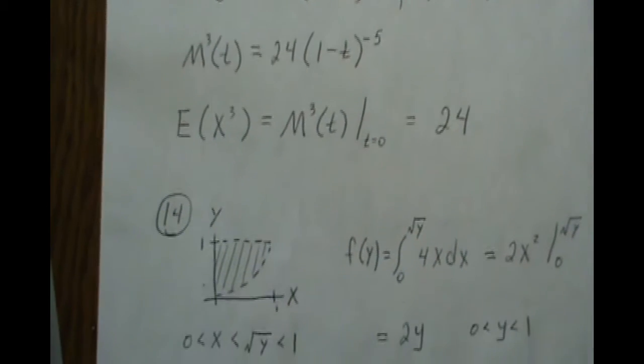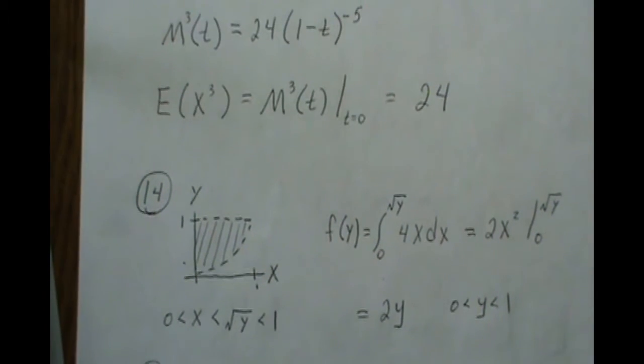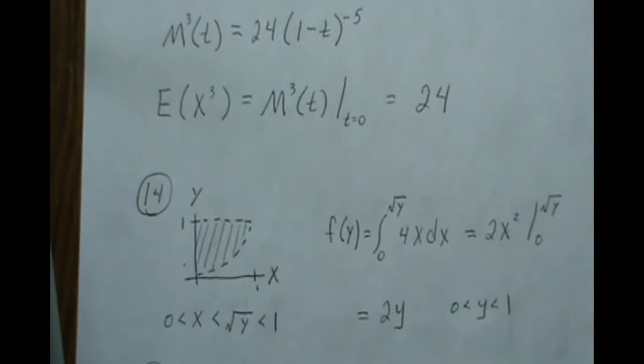Number 14, let x and y be continuous random variables with joint density function f of x y equal to 4x, 0 less than x less than square root of y less than 1. What is the marginal density of y where non-zero? In number 14, we're asked to find the marginal density of y.